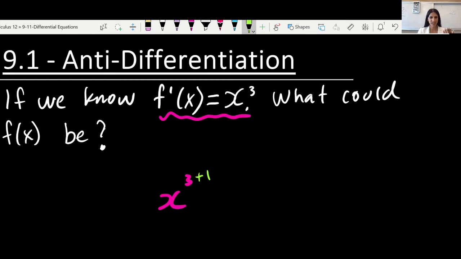So that would give us x to the 4, which means in front of here, it would be like multiplying by 1 over 4.